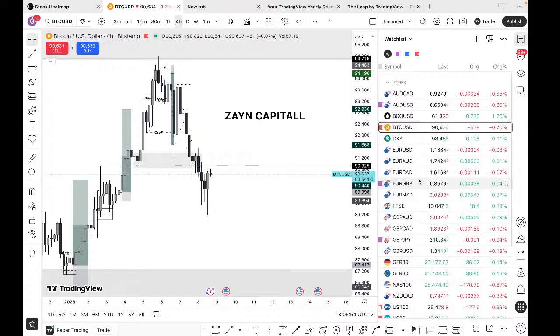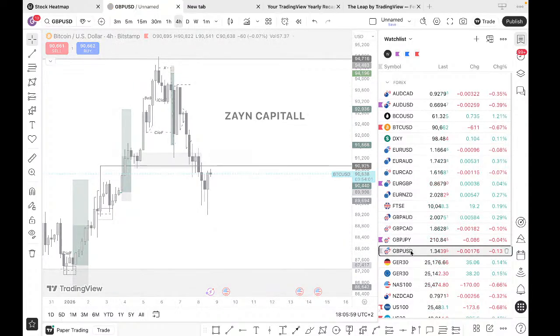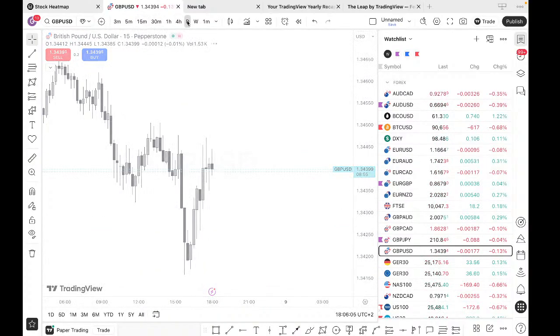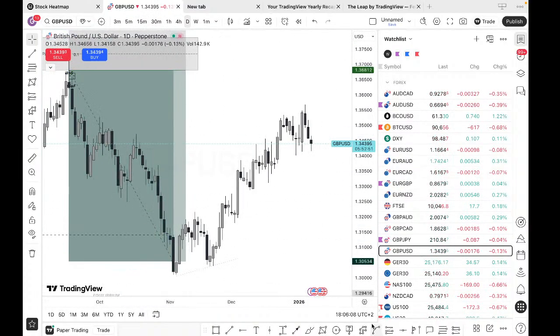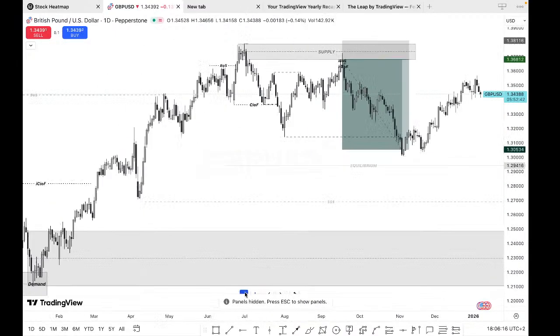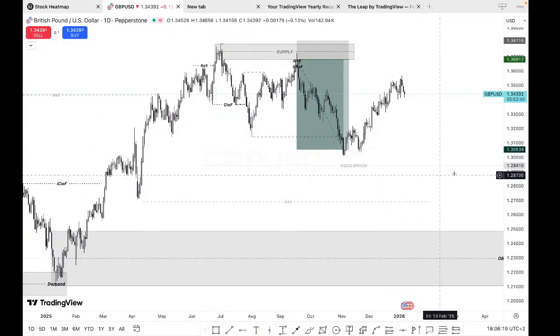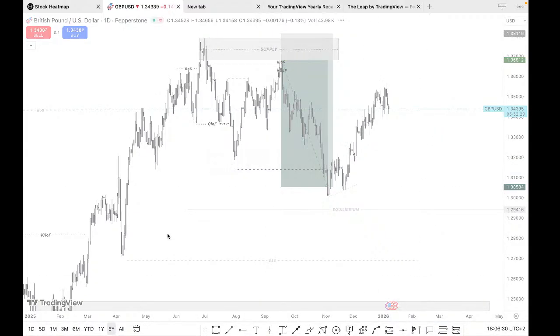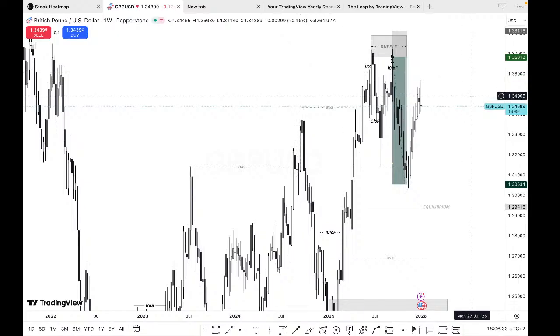GBP USD, the last time I touched GBP USD was when we took those sales towards the downside. After that, I haven't touched GBP USD.